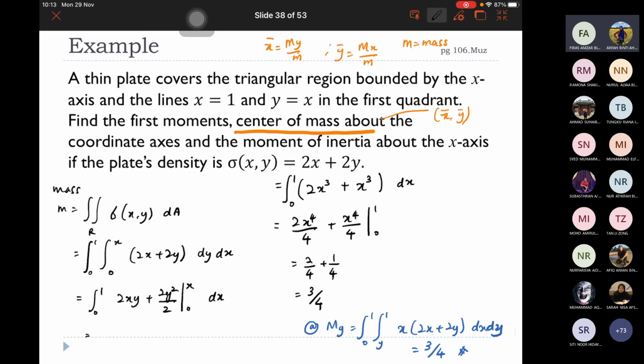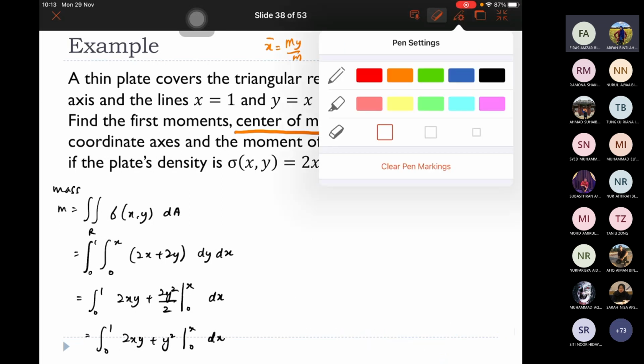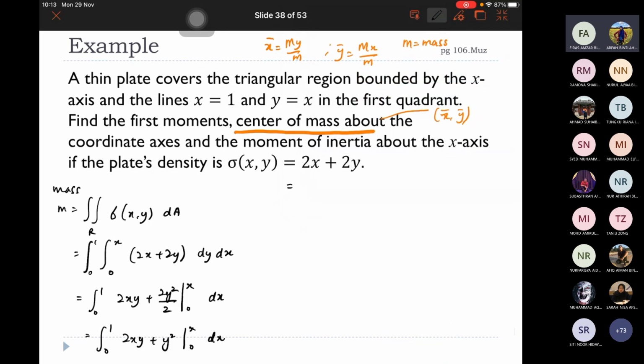Tolong bagi tahu. Okay. So 0, 1, 2xy tambah y kuasa 2, 0 up until x dx. Okay, so from here akan dapat integration 0 sampai 1, 2x kuasa 2 tambah x kuasa 2. 0 kita tak payah masukkan dah because that one is equal to 0.